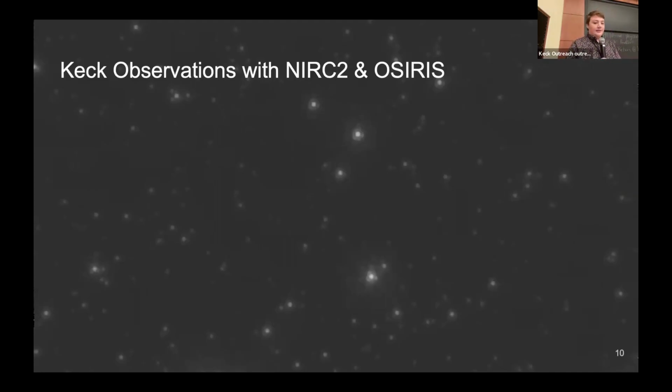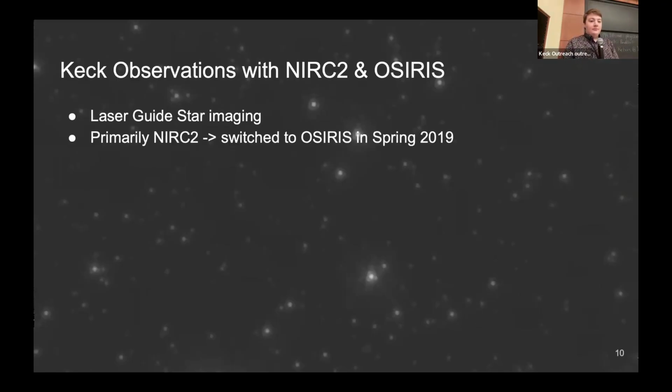So we are using Keck to try to do this with the NIRC2 and OSIRIS instruments. We use laser guide star imaging because these aren't particularly bright targets, and we need to get the best astrometric precision that we can. The data analysis I've been working on is primarily NIRC2 data, but the team switched over to using OSIRIS in spring of 2019 because it has a large field of view, and that allows us to get more reference stars to better characterize the reference frame for our astrometric positions.